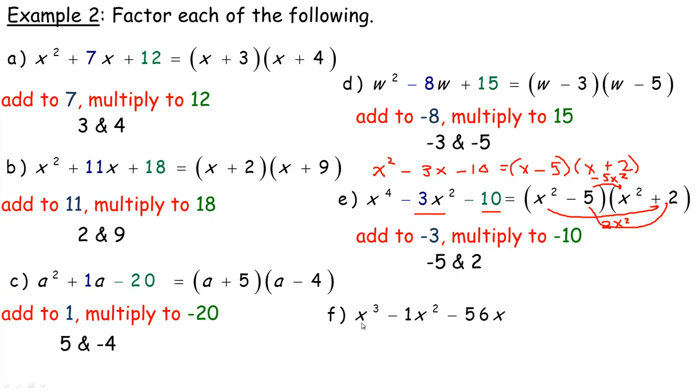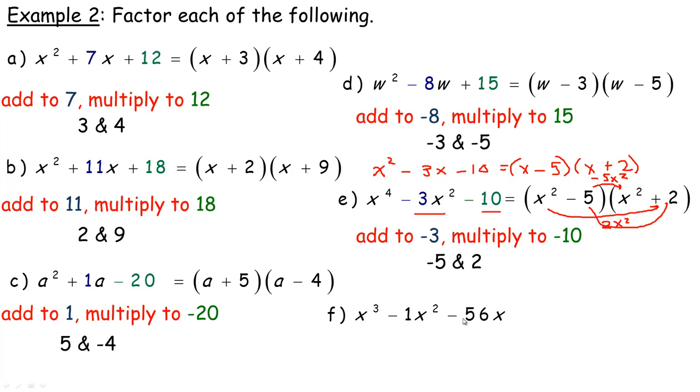Now, what's a little bit different in the very last one is that notice they all have x's, and it's an x cubed, so 3. It's different because these are all even up here. So one thing you should always remember in factoring is always look for a common factor. I was focusing on the trinomial factoring here, but lots of times there's more than one kind of factoring and something you want to put in a factor form.